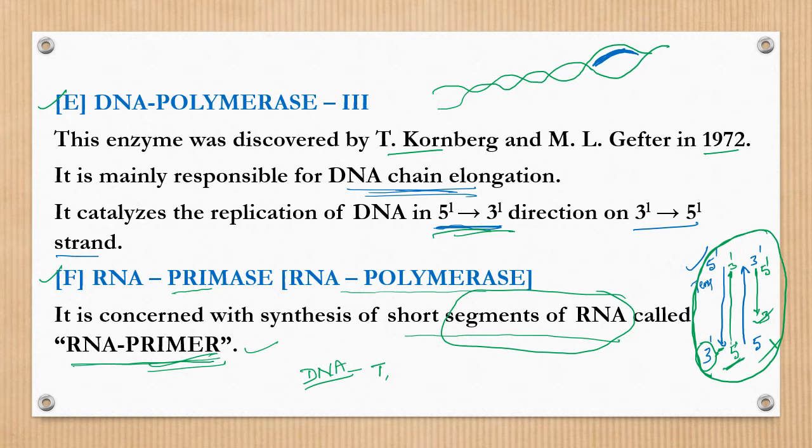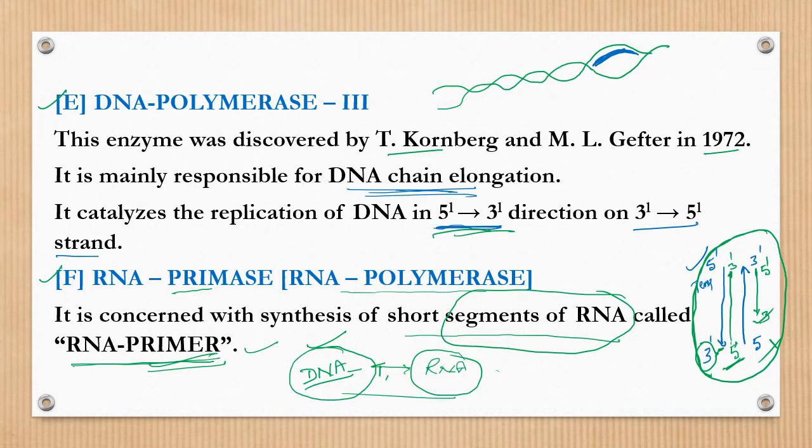We have studied this point clearly in previous videos. So DNA has the ability to store the information, but it needs RNA to transfer that information. RNA is compulsory. DNA has the ability to store, but RNA has the ability to transfer that information. That's why we require both.